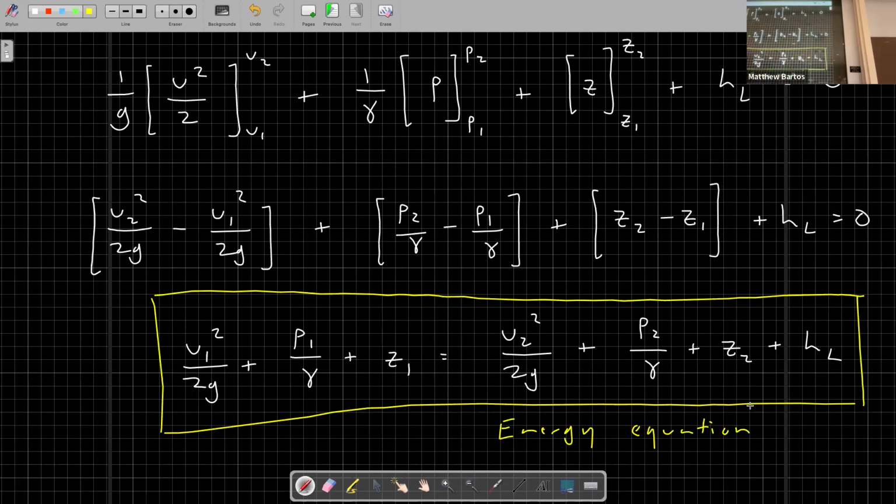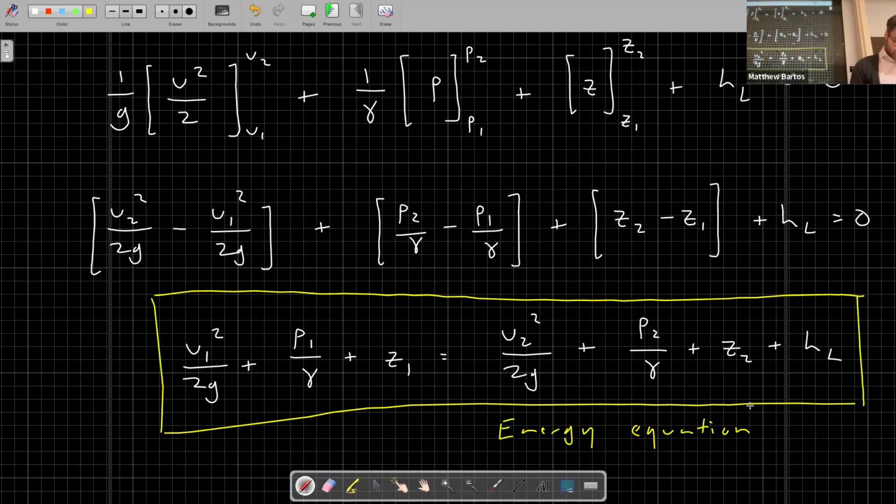And what is this term associated with in our momentum balance? So this is the pressure force. What is this one associated with? Think back to how we derived this. Which term in the momentum balance? Yeah, the momentum flux. Okay, so that kinetic energy head, or that velocity head term, is associated with the momentum flux.